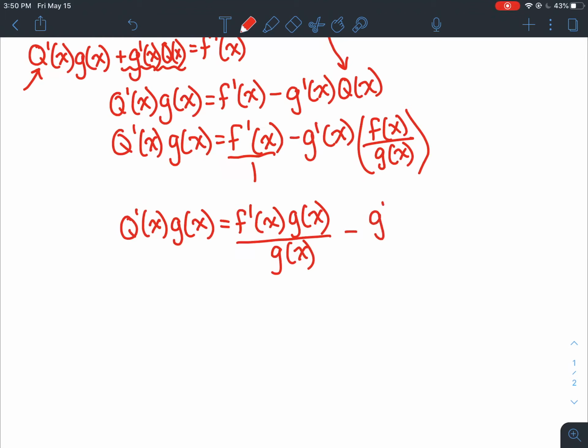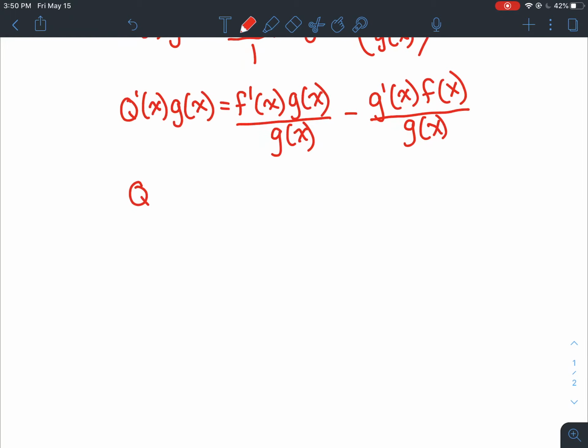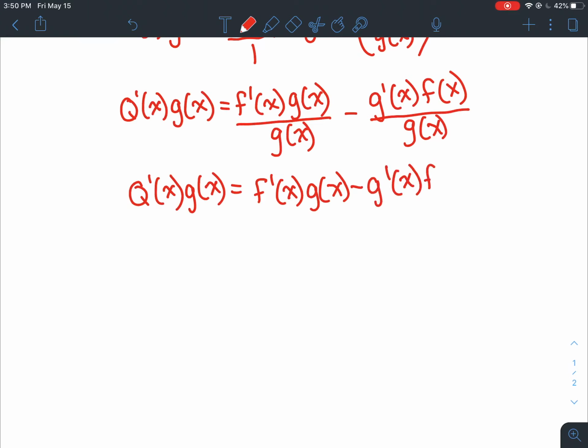This one's already good, so g prime of x times f of x over g of x. Now I'll combine my fractions. I get f prime of x times g of x minus g prime of x times f of x, and the whole thing is over g of x.